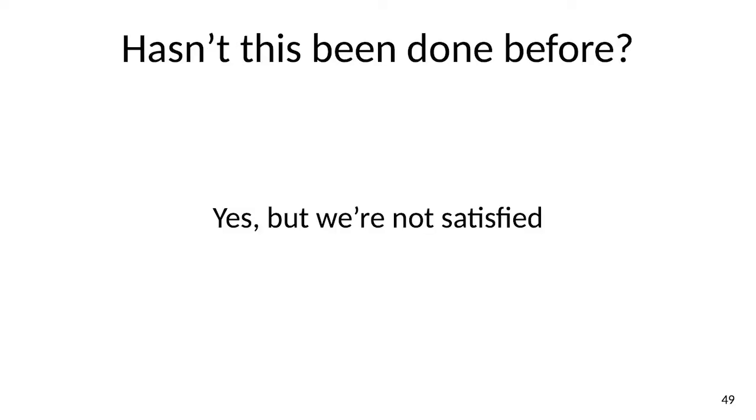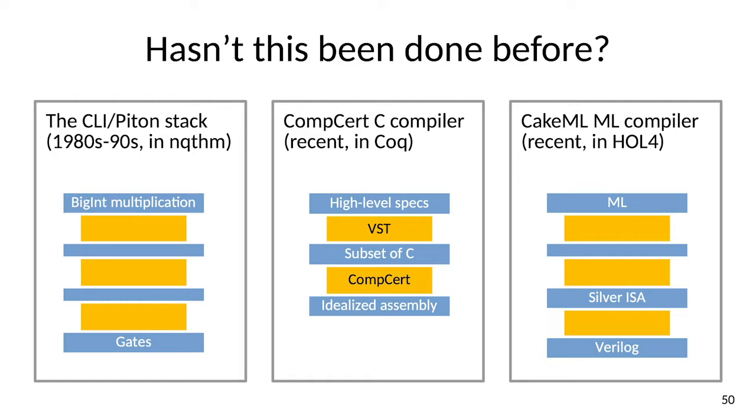Another question people often ask is whether this has been done before, and yes, it has, but we're not quite satisfied with the way it has been done. A few examples are the CLI Python stack, which is about a 1980s view of a systems stack.